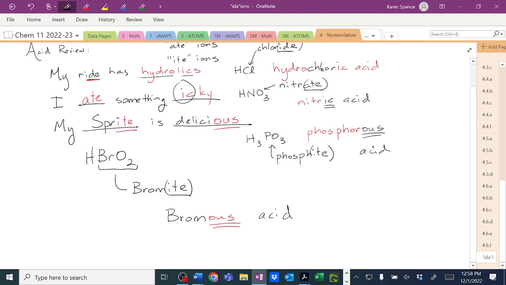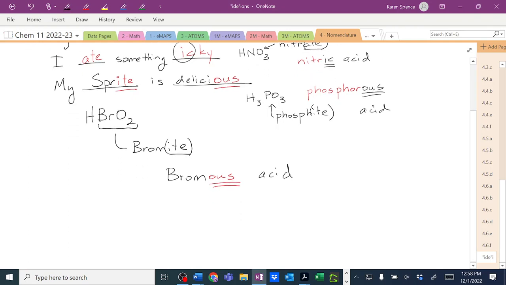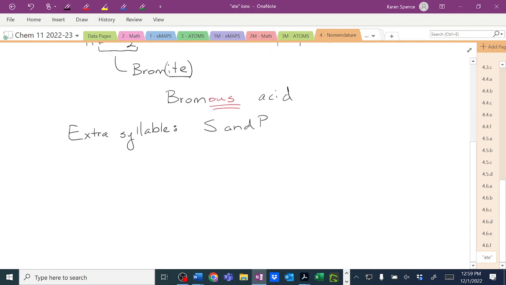So we just replace the ite with an OUS. Now, as I said, there's two elements where we have to add an extra syllable: sulfur and phosphorus.